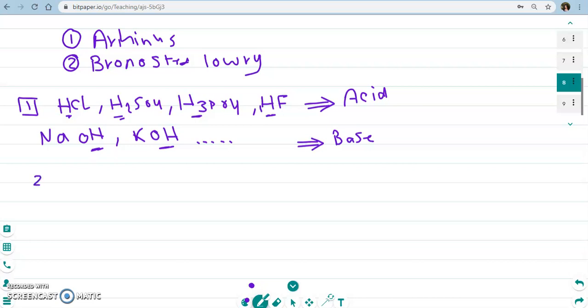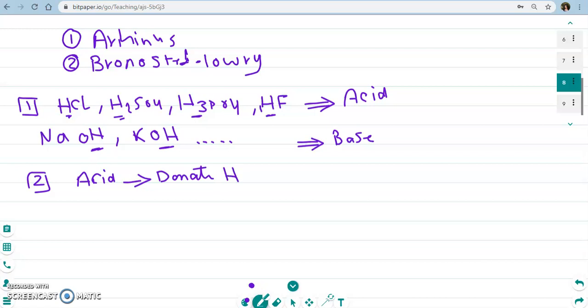The second theory, the Bronsted-Lowry theory, is a little different. It defines the acid differently. It defines an acid as the molecule that gives or donates a hydrogen, or two or three.